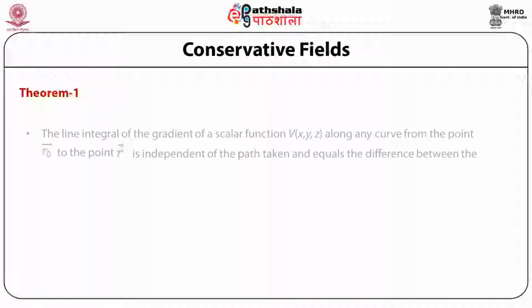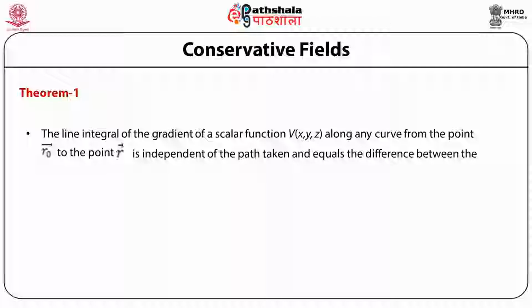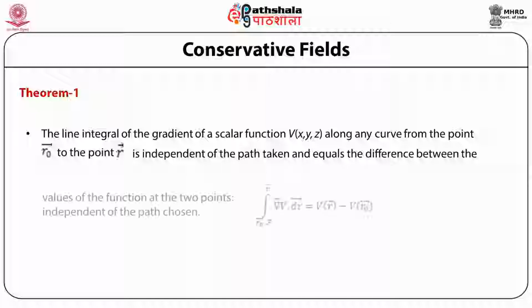Theorem 1. The line integral of the gradient of a scalar function V(x,y,z) along any curve from point r₀ to point r is independent of the path taken and equals the difference between the values of the function at the two points. That is, the integral from r₀ to r of ∇V·dr equals V(r) − V(r₀), which is independent of the path chosen.